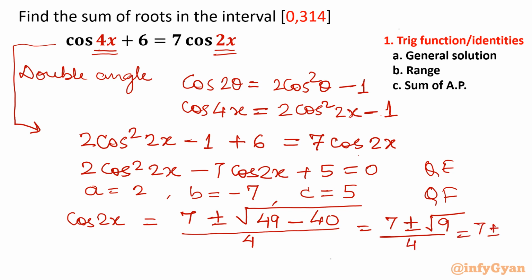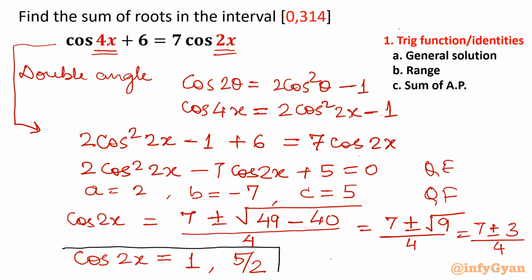Root 9 is 3, over 4. If I consider the plus sign, then it will be 10 over 4, so 5 over 2. And if I take the minus sign, then it is 4 over 4, so 1. So basically there are two solutions for cos 2x.